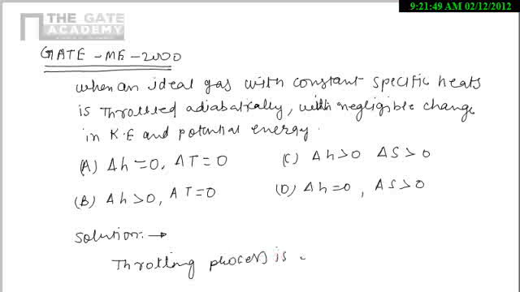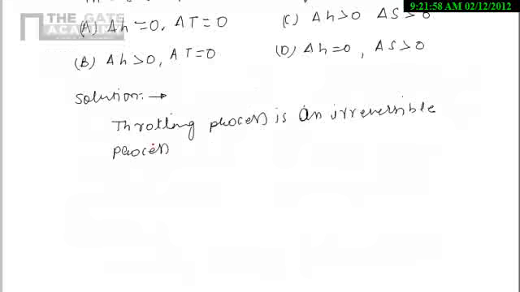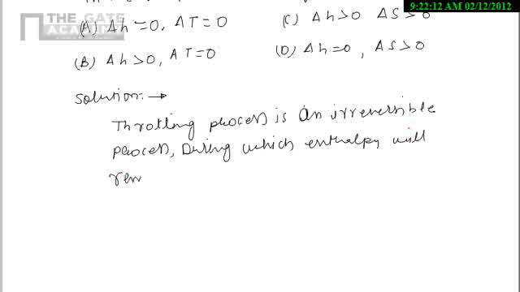Throttling process is an irreversible process during which enthalpy will remain constant.